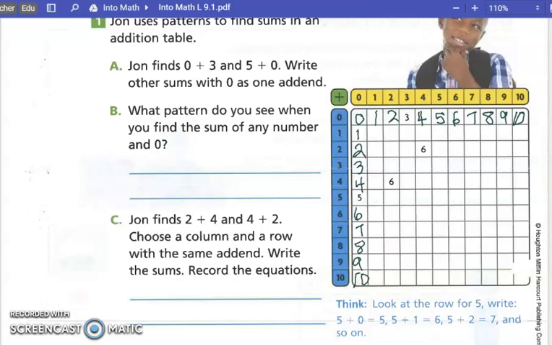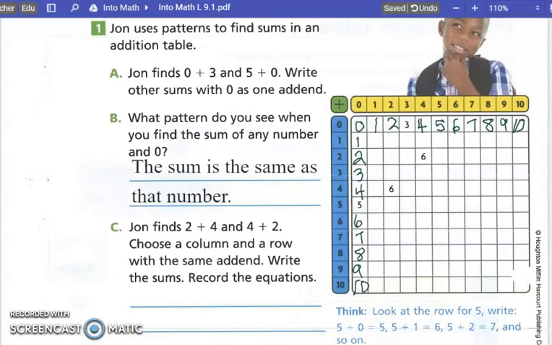We use our identity property. The sum is always what? That number. Let's go ahead and type that, or I'll type it in. You write it in. You should put the sum is the same as that number.